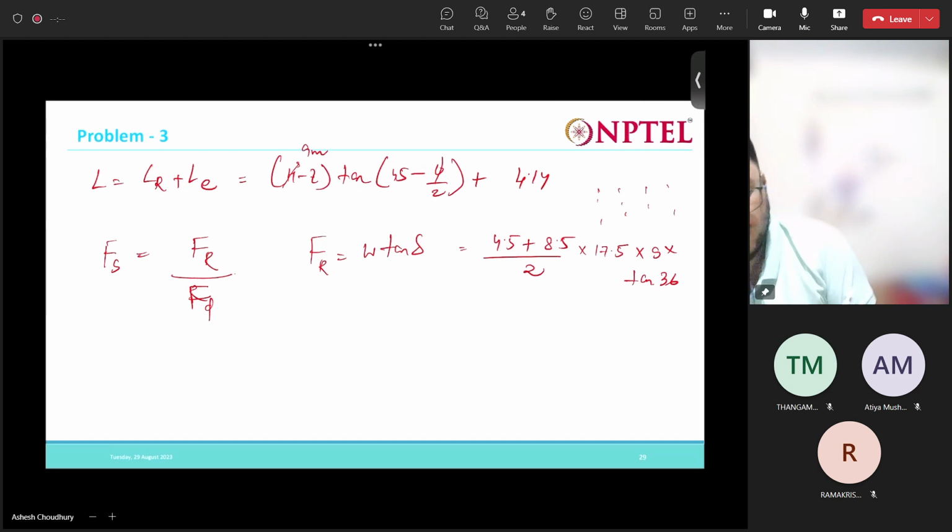Average width, the top width plus the bottom width, times 17.5 unit weight, into 9, the height, times 10 delta. It will give the resisting force, and this will come out as 744 kilonewton. Now what is the driving force? Driving force is nothing but PA, which we already calculated.